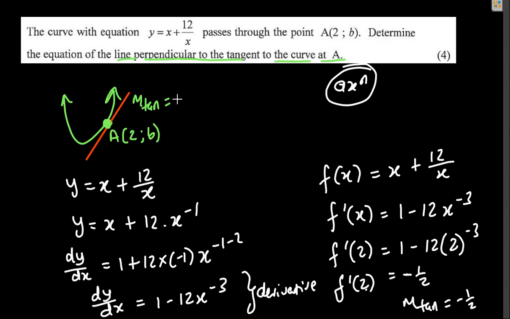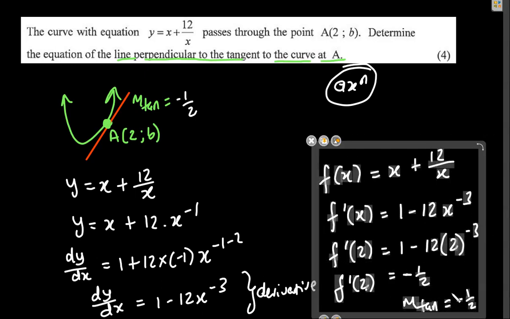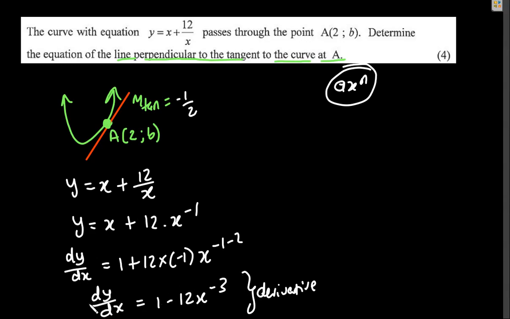So we already know that the gradient of the tangent is negative half. But good people, why am I using this notation? It helps, it's easy to visualize. Because if I were to use this notation instead, we should get the same thing. So now that you have the derivative, you would say at x equal to 2, the derivative, which is dy over dx, would be equal to 1 minus 12 into 2 to the power negative 2.